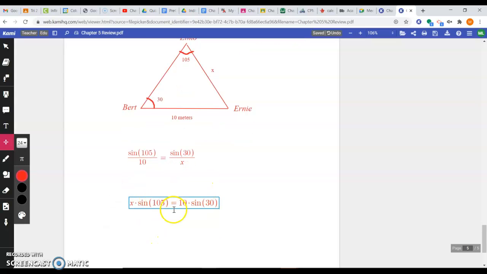Dividing both sides by the sine of 105 so that x gets by itself, you're left with x equals 10 times the sine of 30 divided by the sine of 105, which you can plug into the calculator and get an answer for x.